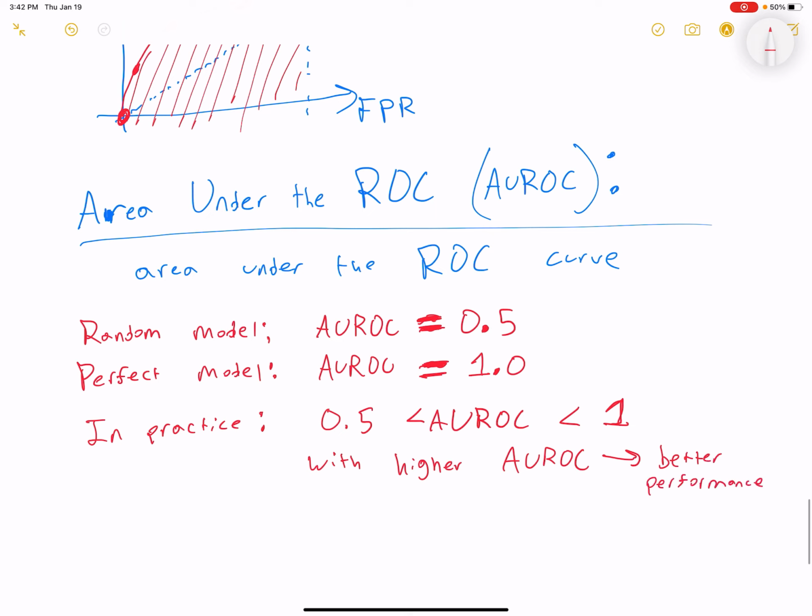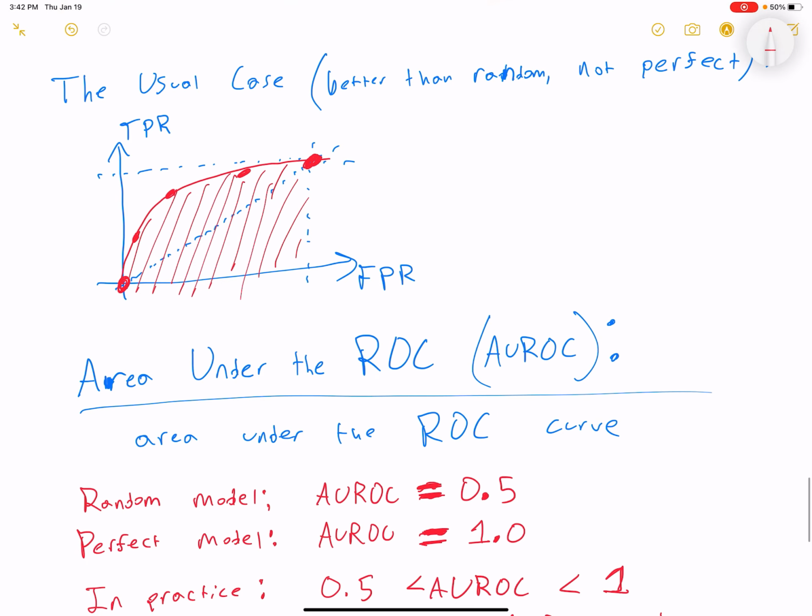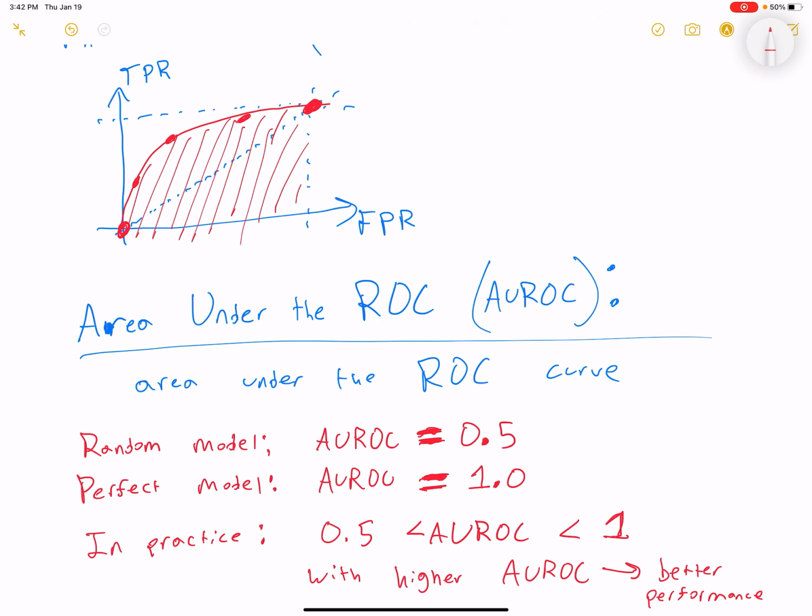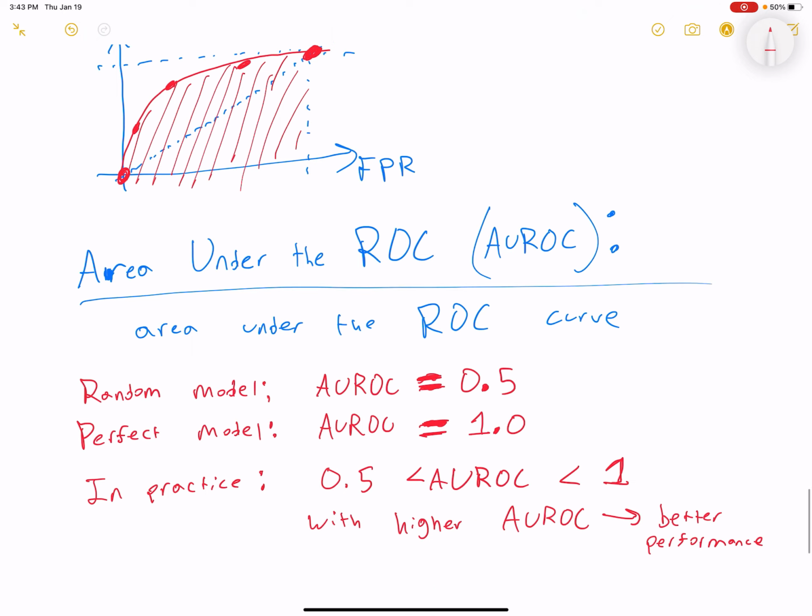The reason we like using AUROC is that all the other metrics we learned about, accuracy, precision, recall, F1 score, sensitivity, specificity, they all are for a specific threshold of your model, say specifically when the cutoff is 0.5. But what a ROC curve allows you to do is look at how the model generalizes to a variety of different thresholds. So that's the AUROC curve, very commonly used.